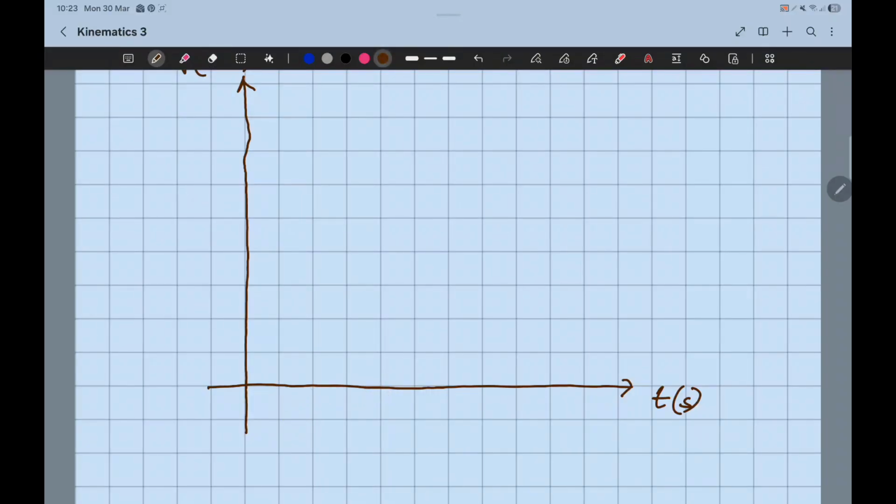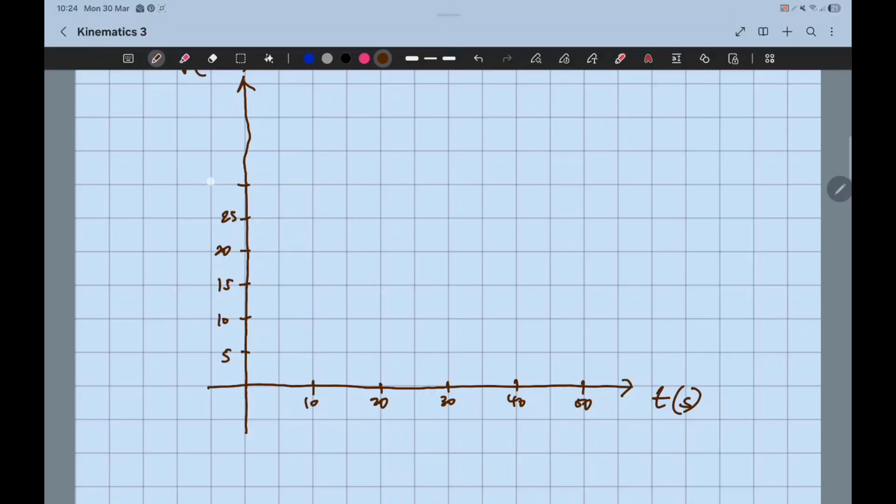Alright, let's just use 10, 20, 30, 40, 50. Then for velocity, we can use 5, 10, 15, 20, 25.